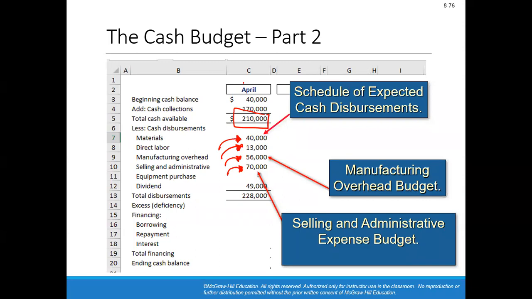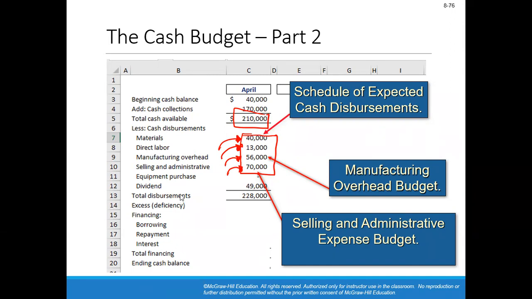Now, can you understand all of this? All of these numbers are coming from some budgets which we already have prepared. These are not something which we are producing here directly. These are numbers coming from budgets with which you already have worked, right?